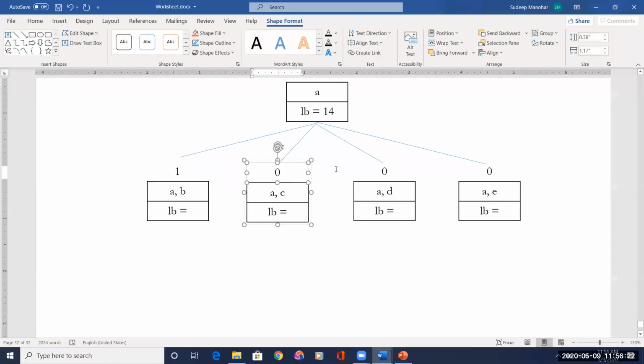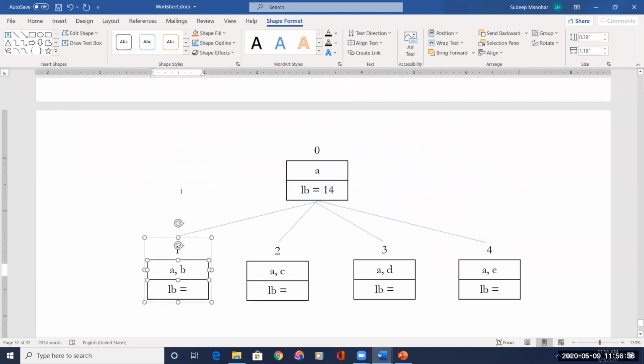This is node number 2, node number 3, this is node number 4. Now we consider the edge AB. Okay, so we have to remember this. We are considering the edge AB.